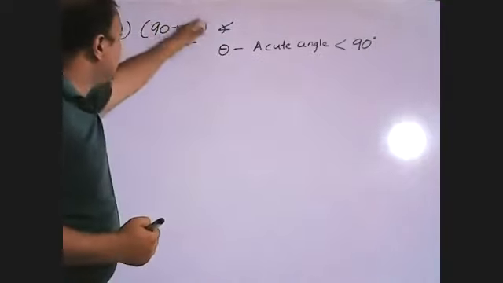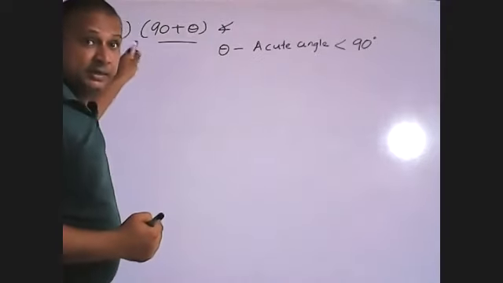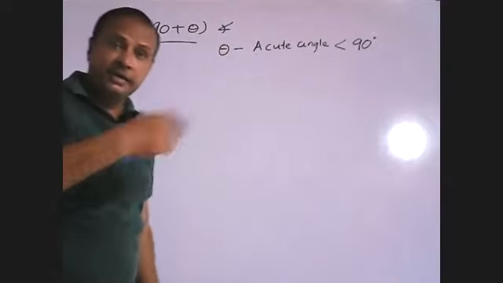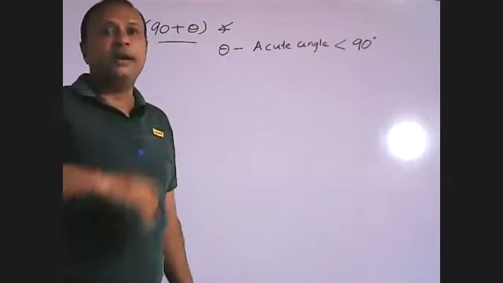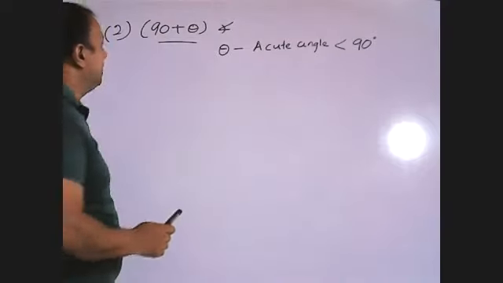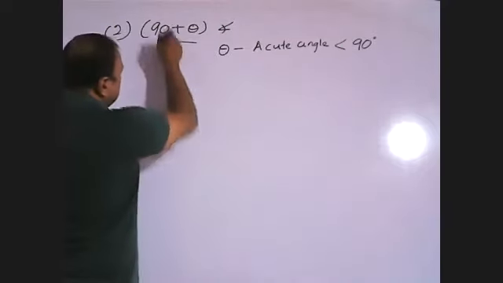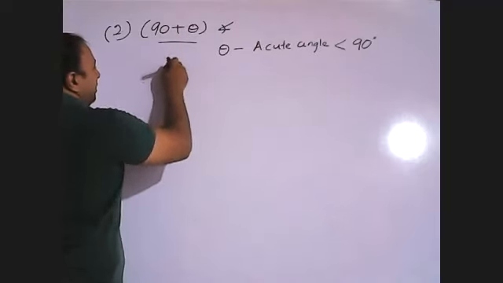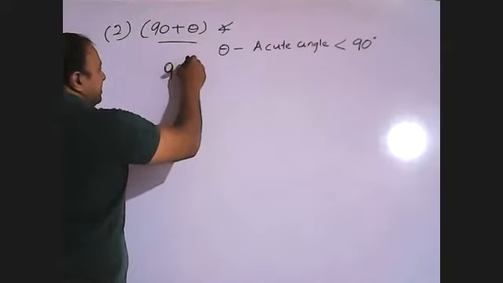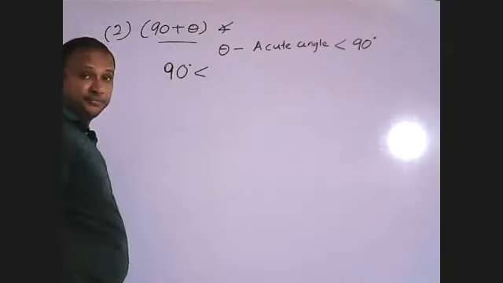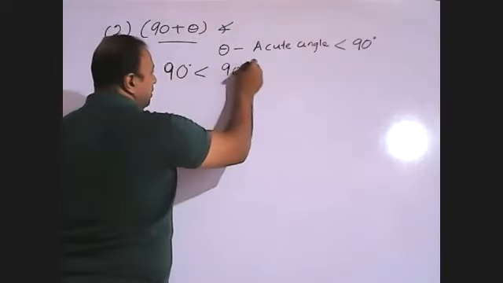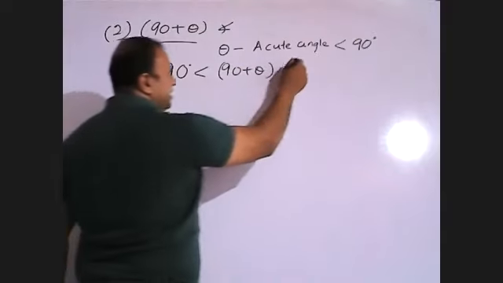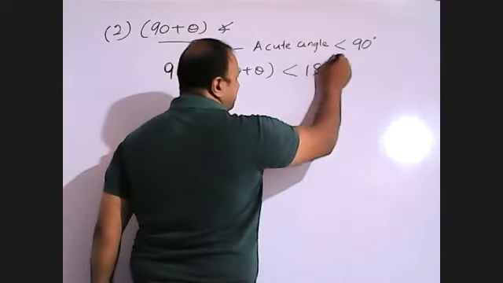So 90 plus theta represents any angle between 90 and 180. 90 plus theta is larger than 90 but lesser than 180.